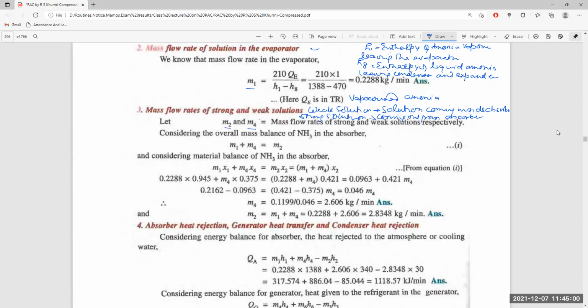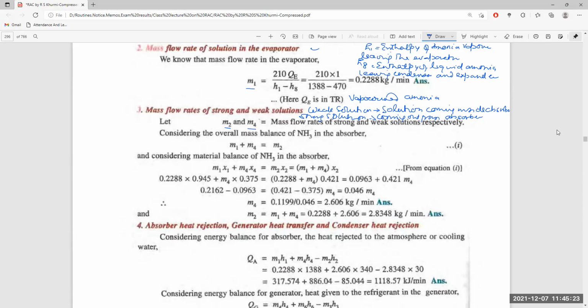Considering the overall mass balance in the absorber, M1 plus M4 is equal to M2. Hence, the amount of M1, the mass flow rate from the evaporator, plus M4, the weak solution, is equal to M2.